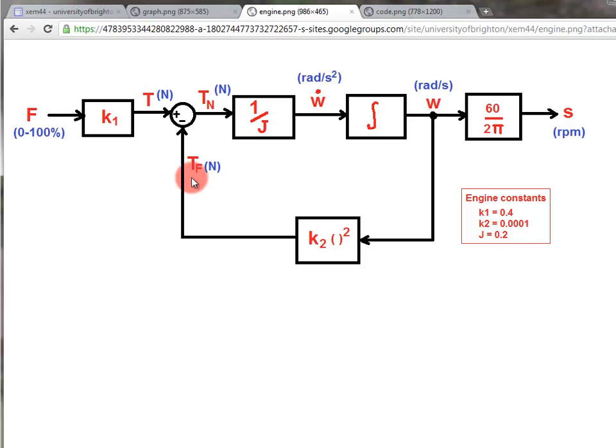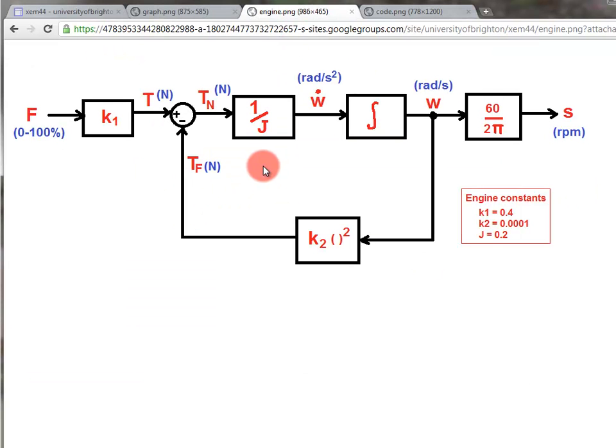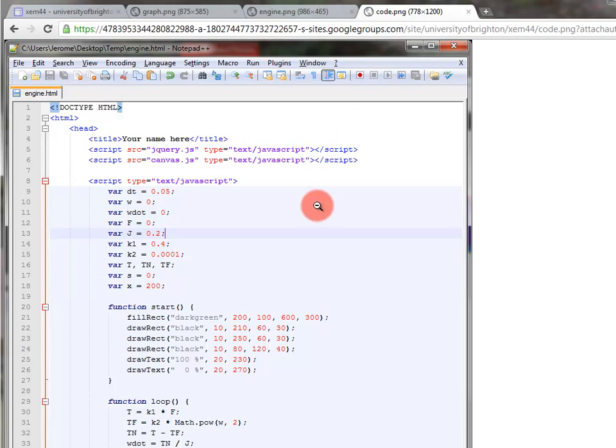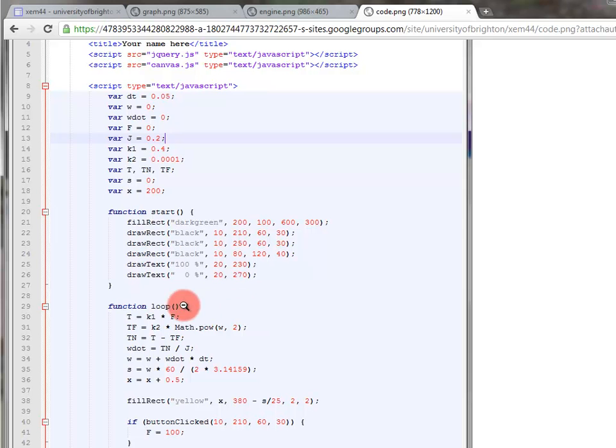The code then to implement this block diagram, this is what we want to try and get. We want to try and get a real-time plot of engine speed against time. So you'll start with your basic empty file, and then just fill it in so it looks like this. I'll just quickly take you through here. dt is the time interval, so we're working in 0.05 seconds, that's 50 milliseconds. So this loop here will run 20 times per second.